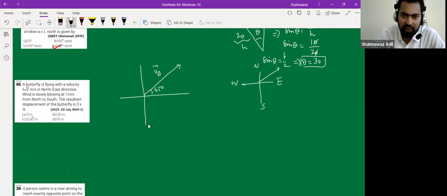Okay. And wind is blowing at 1 meter per second from north to south. So what is the direction of the wind? How do I plot the direction of the wind from this point?